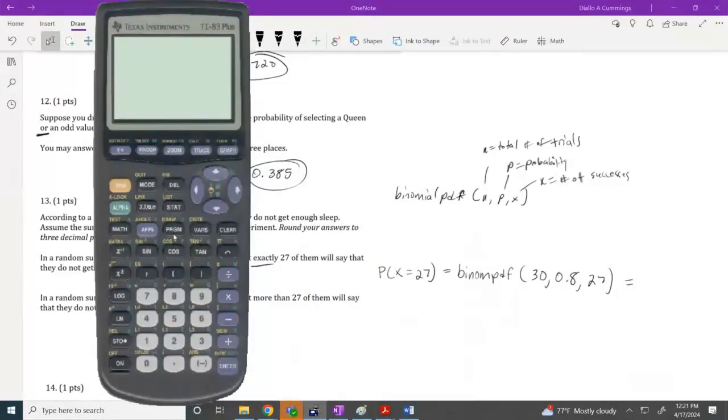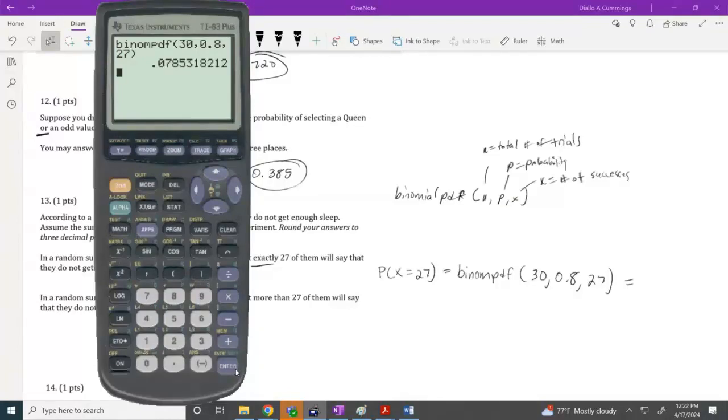Remember that the binomial PDF is within distribution, so you hit second and vars, which is short for variables. I'm going to scroll down to binomial PDF. You separate these parameters with a comma, so it's 30, 0.8, 27.